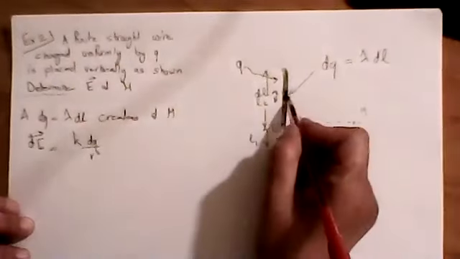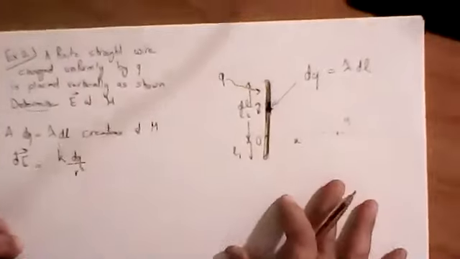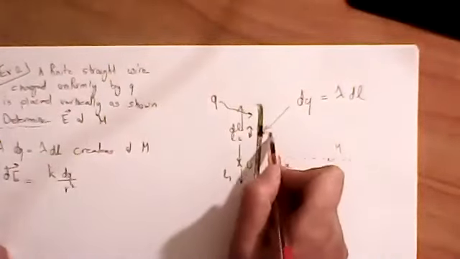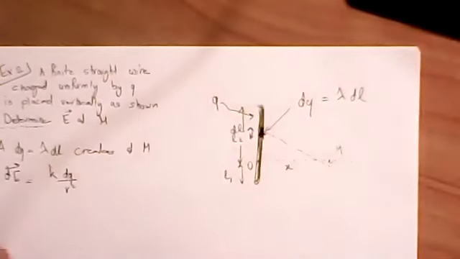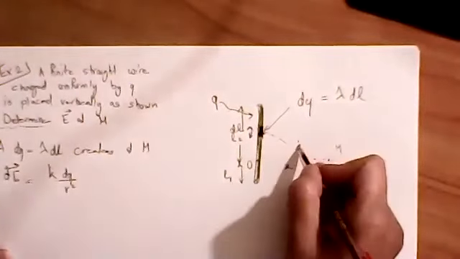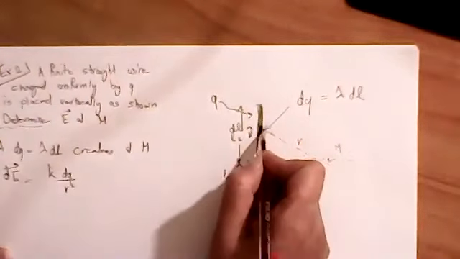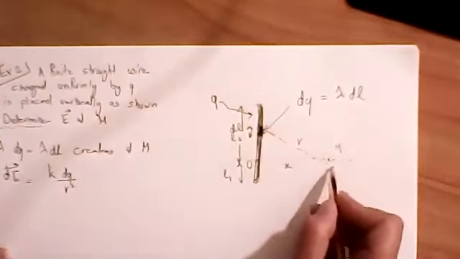It's from DQ, where I've selected it, towards M, the line joining them. This will be distance R, and it is a vector from DQ towards M.